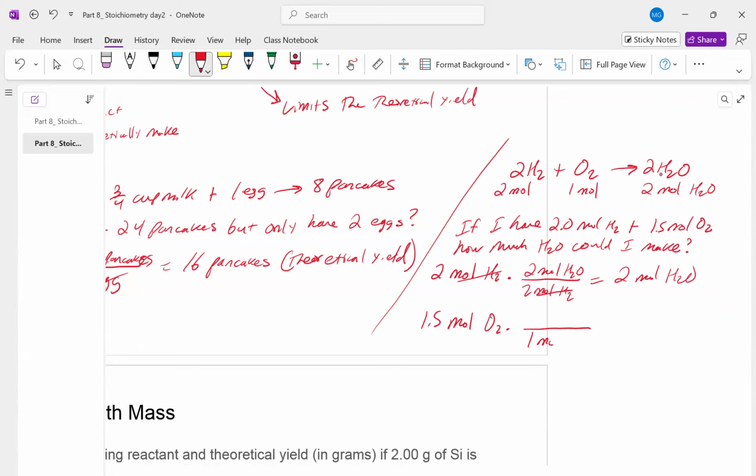Well, the balanced equation says 1 mole of O2 would make 2 moles of water. And so if I had 1.5 moles of oxygen, I should be able to make 3 moles of water.